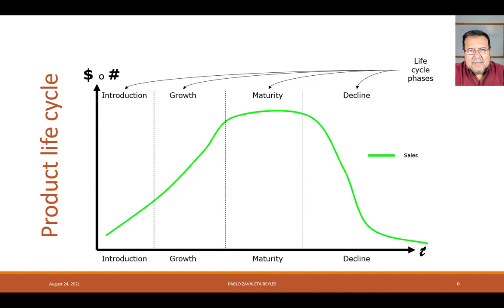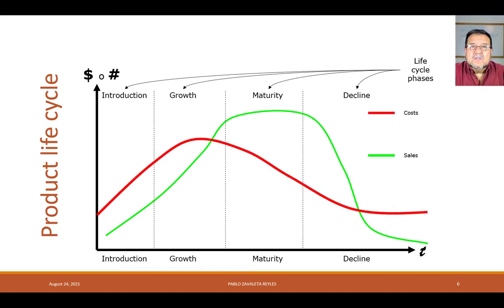Now, what happens simultaneously to these points in time that make up the sales curve? With costs. Costs tend to be higher than sales at the beginning. And then the relationship changes as we go into maturity and in decline until we finally get costs higher than sales again towards the end of the decline.